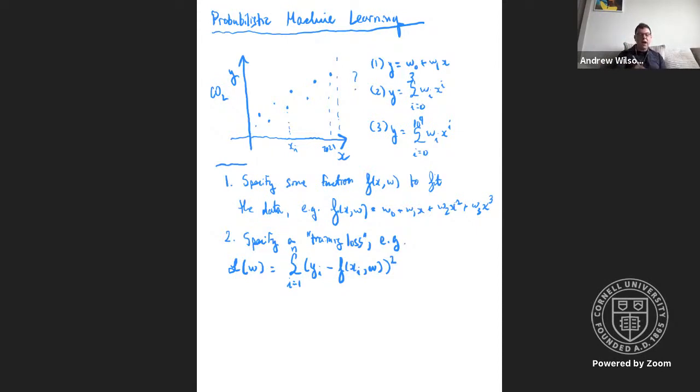If we did average squared loss in this case, it would be the same, because just multiplying this sum by 1 over n wouldn't change the w that minimizes this function. Okay, so that's what we've got there.